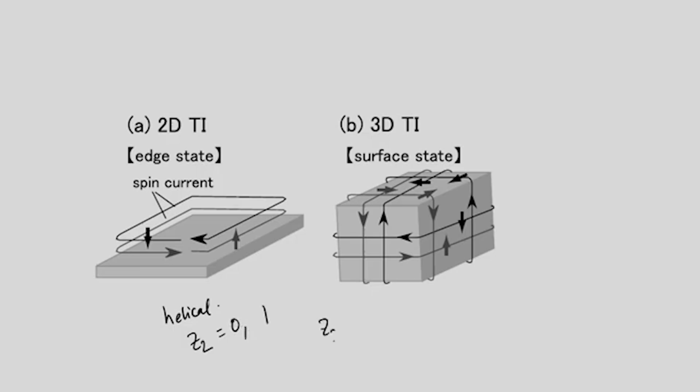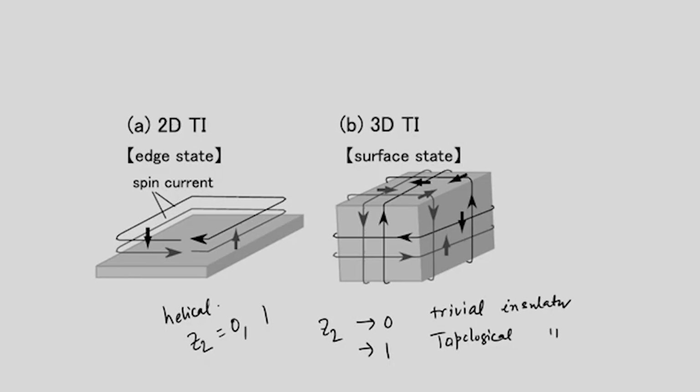A Z2 invariant of 0 is called the trivial insulator, or band insulator, or the usual normal insulator that we are familiar with, and equal to 1 corresponds to topological insulators, and they are also called Z2 topological insulators, because the Z2 index is non-zero, and these insulators are, as I said, characterized by the helical edge modes present in the system.